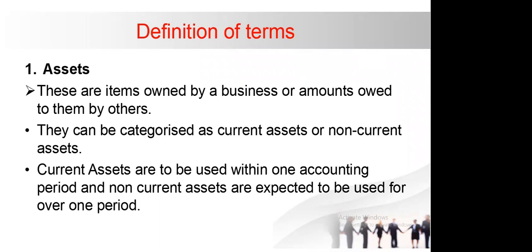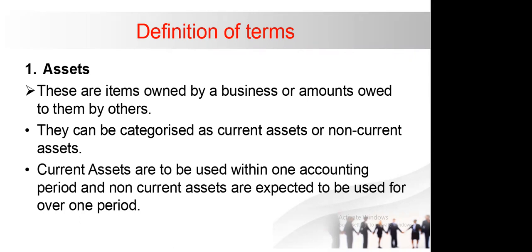And these assets can be categorized into two classes. The first class is the current assets, and the second class is the non-current assets. Current assets are the assets that we expect to use within a period of 1 year. The currentness or non-currentness of the assets is determined by the period for which we are going to use those assets. If we are going to use an asset for a year or less than a year, we call them current assets.